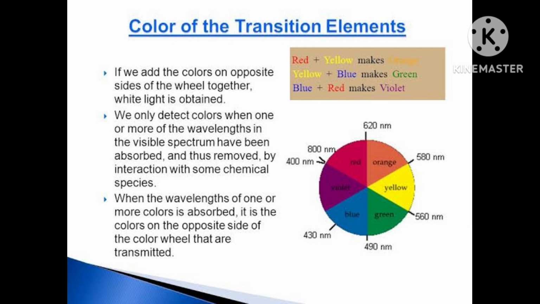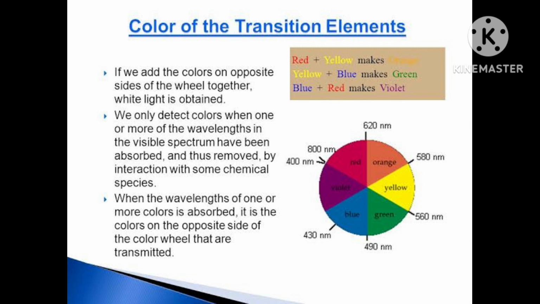In the same way, vanadium 2+, 3d3, means n is equal to 3. After putting n equal to 3, you will get a calculated value of 3.87, and the observed value is very close, 3.86. Chromium 2+ is 3d4, n is equal to 4.